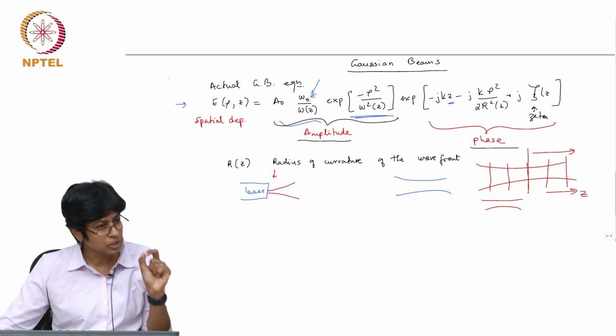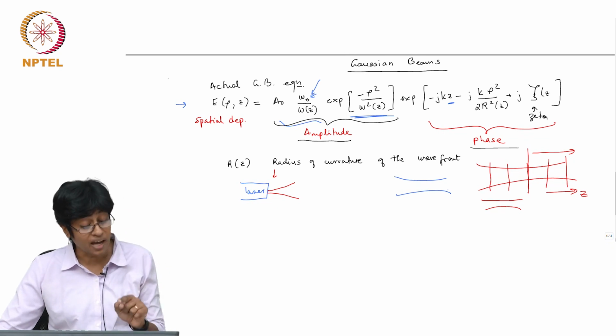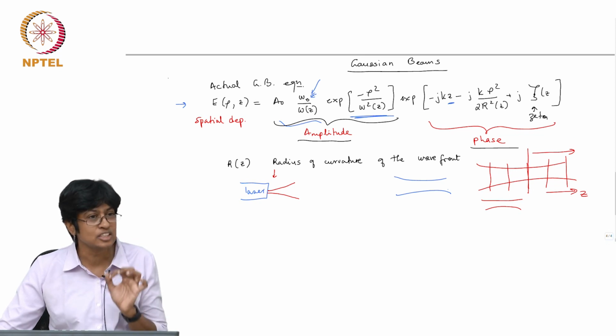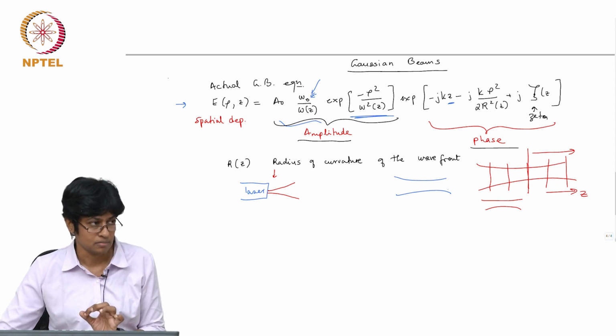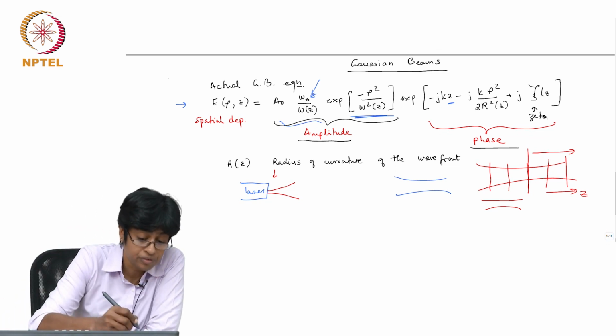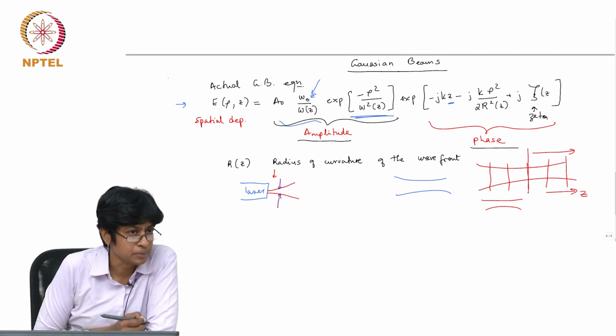Now I have been using the word radius, so you have to be very, very careful, because the R of Z that I've written down here, capital R of Z, this is the radius of curvature of the wavefront, which is different from the diameter of the beam.